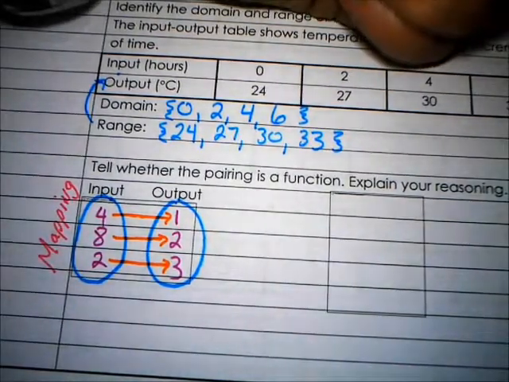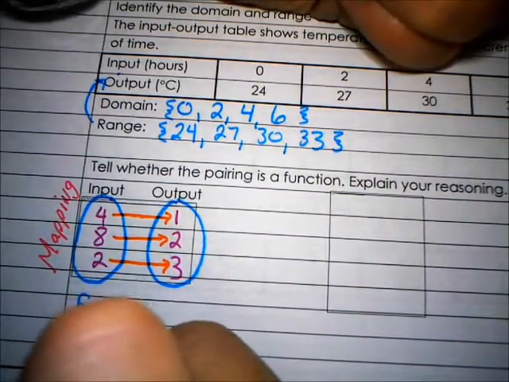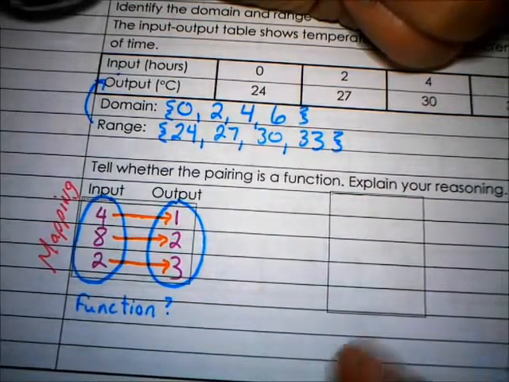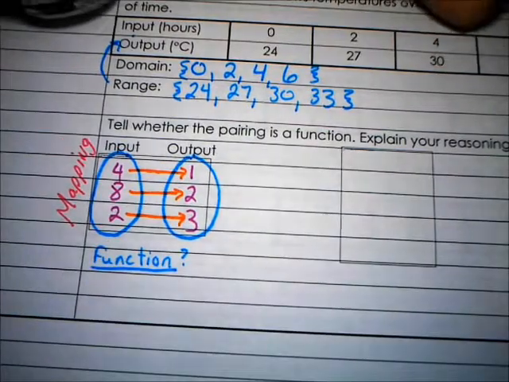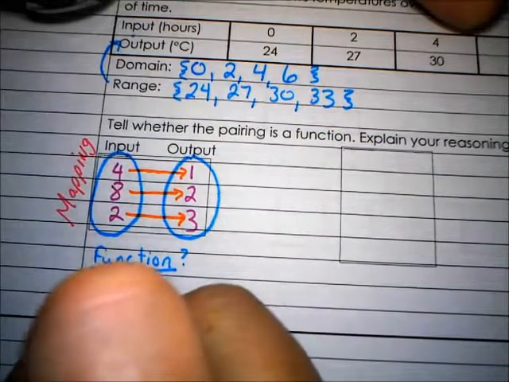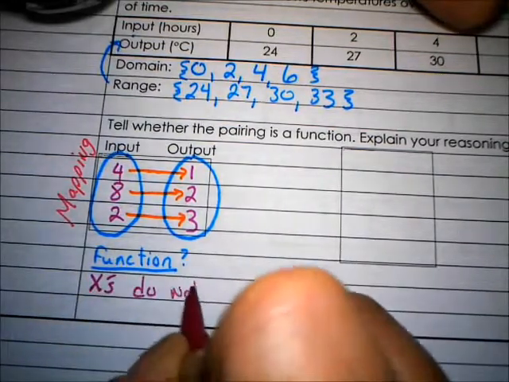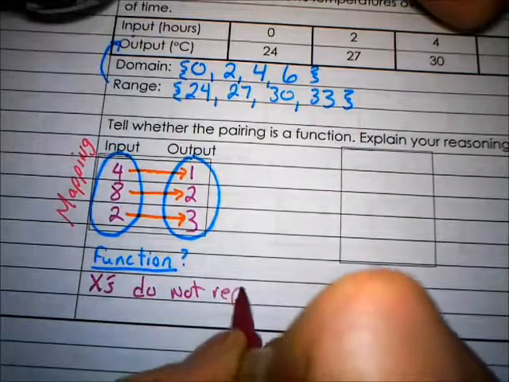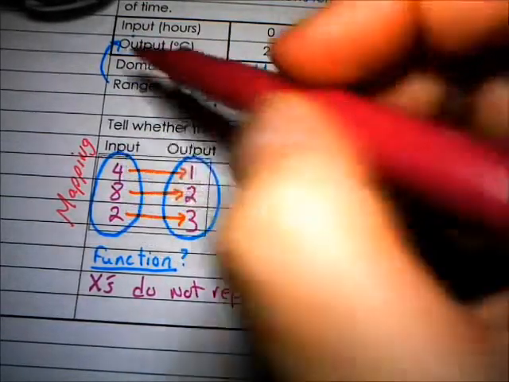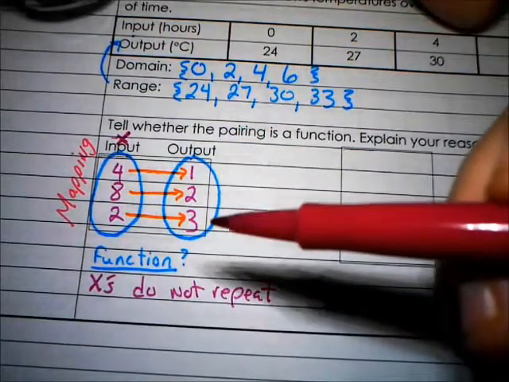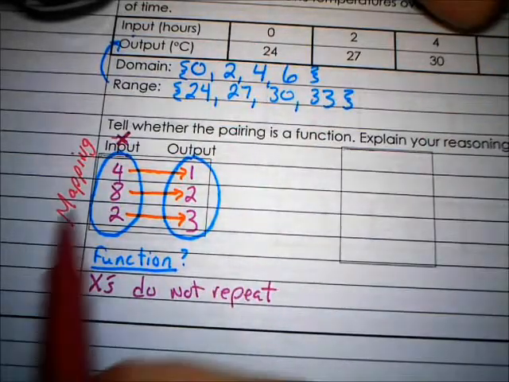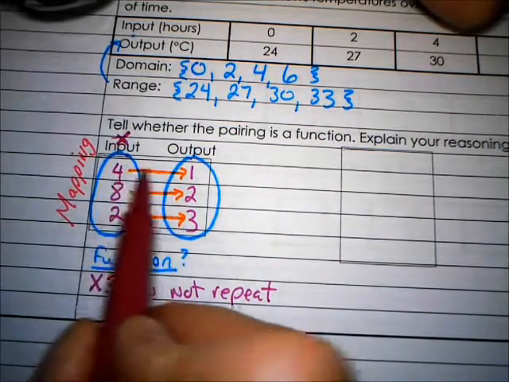Now, is this a function? That's the question. Well, one way to know is to look at certain aspects. One thing is the x's do not repeat. If I look here in the x column, which is our inputs, I have a 4, 8, and a 2. Do they repeat? I know they do not because I have one arrow coming from each one of my lines.